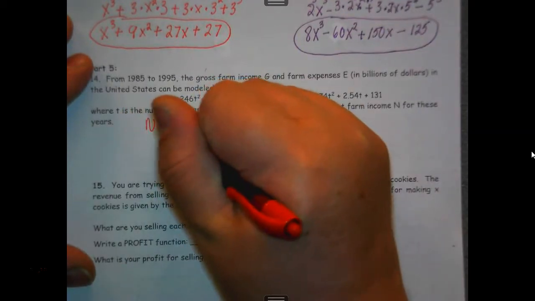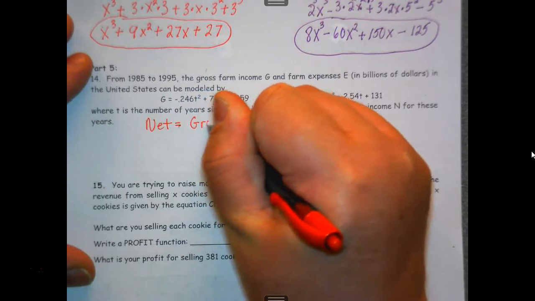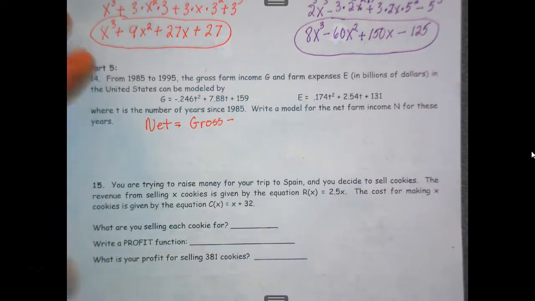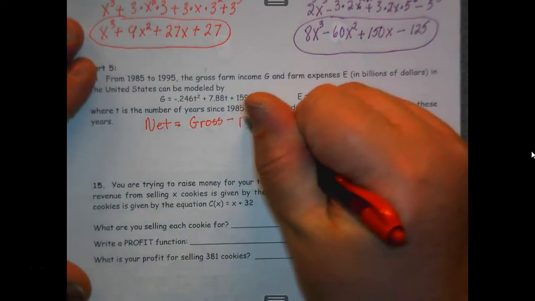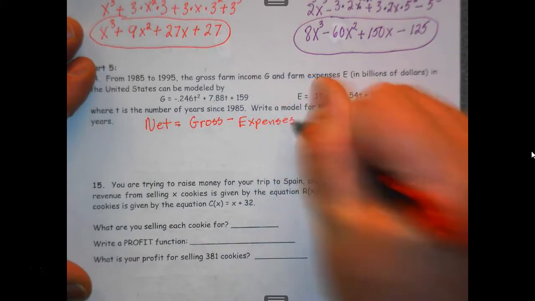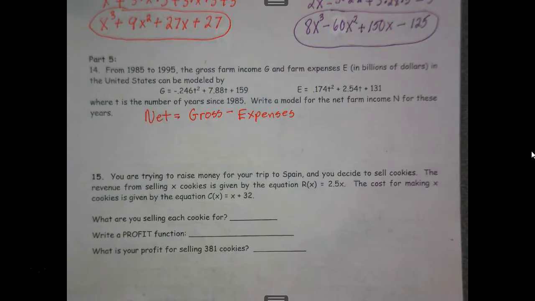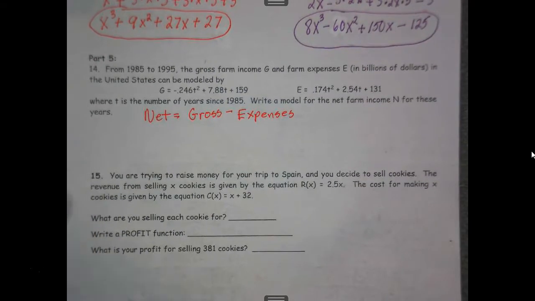After your taxes. So your net pay equals your gross pay minus your taxes, or in this case, expenses. So now all we have to do is substitute them in. We're looking for the net.